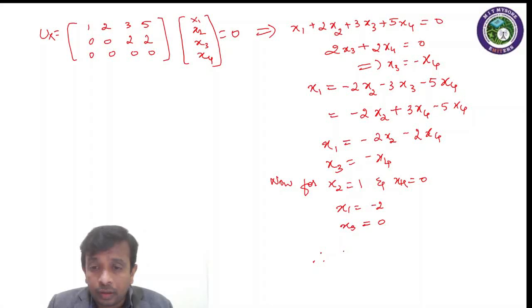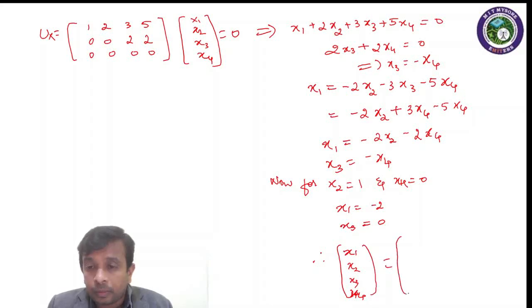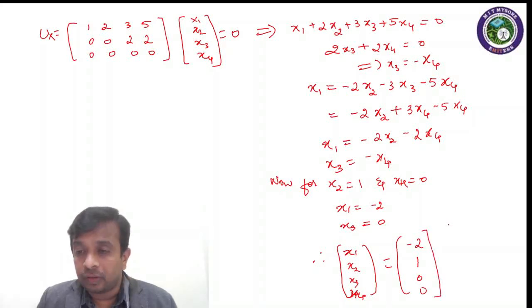Therefore, x1, x2, x3, x4 will be minus 2, 1, 0, 0. This is one of the solutions.